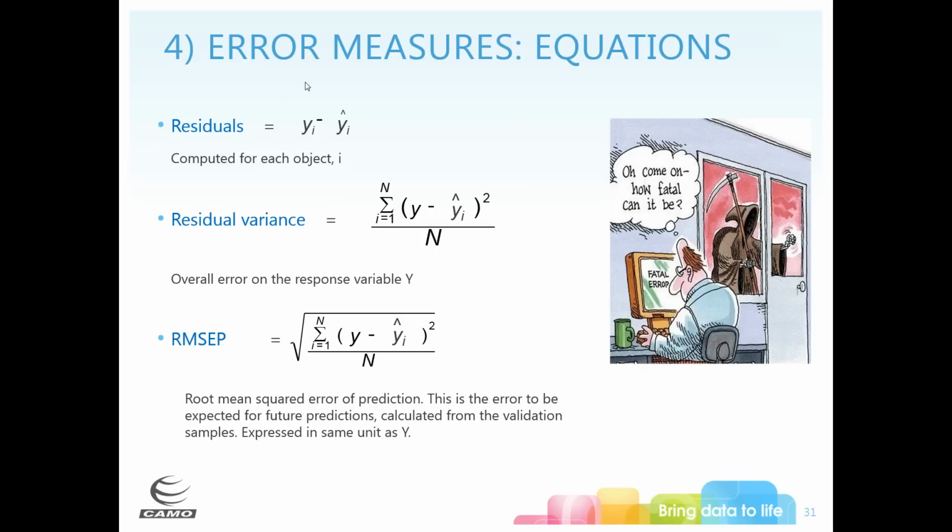The residuals take your original Y data and subtract the predicted Y data to show you how close it is, how much error you have in those two things. For the variance, you take the difference of those and square them over the whole set, divide by n, and then take the square root of that, and that's how you calculate your root mean square error.